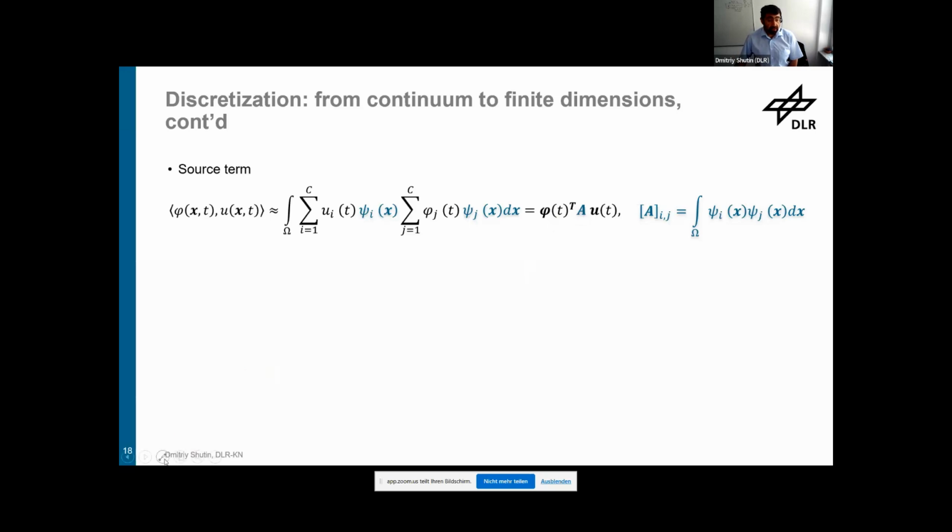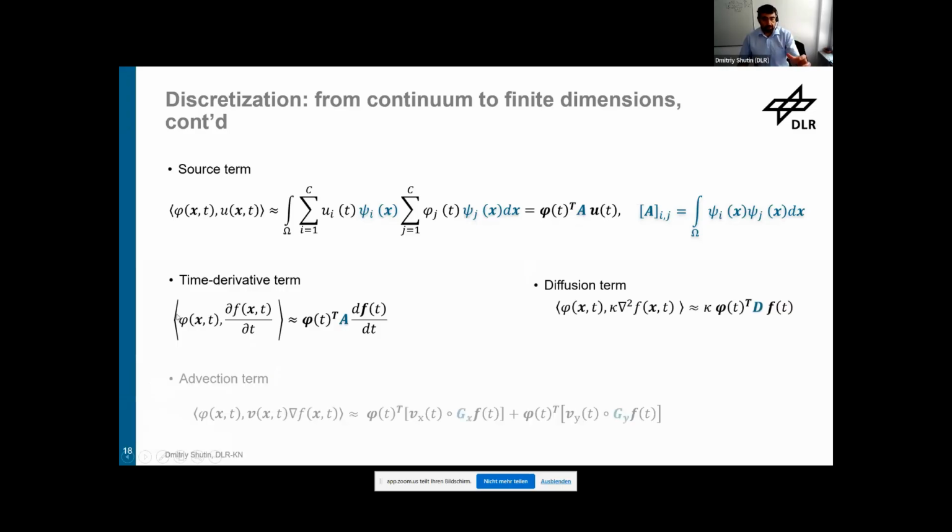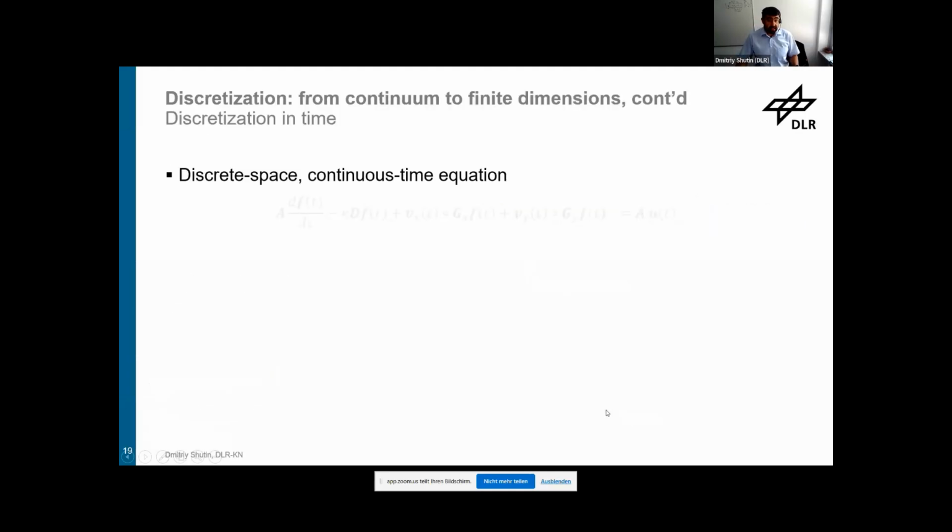And if we continue to do so, then we can apply it to all terms that we have: to the source term, to the time derivative, to the diffusion term, to the advection term. So we can do all these computations, and effectively we end up with an equation that is continuous in time, but now discrete in space.